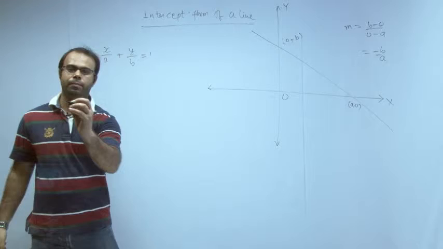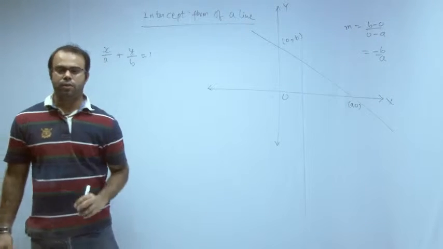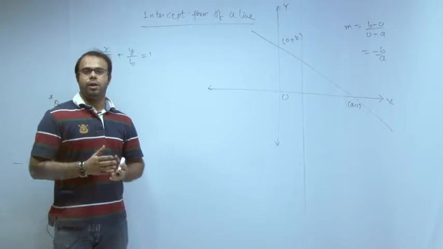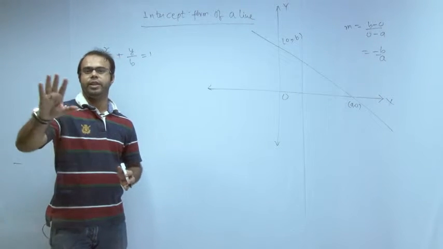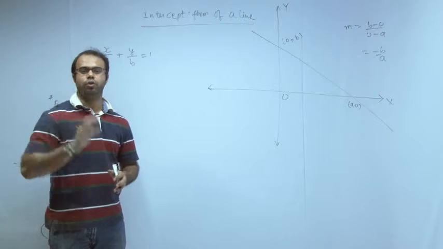Now a question may come, this is a typical basic question. It may be asked in JEE Mains also, but it is not of the level of JEE Advanced. It can be asked in boards also.